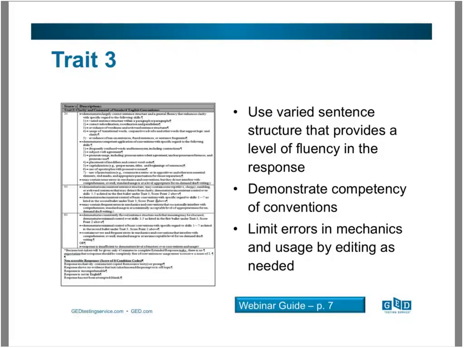We tend to think that the grammar piece here, as we tend to call it, should be a piece of cake. That is so true, and yet it has not been. Part of that is oftentimes we see students who at this level are not using varied sentence structure. Their writing is not very fluid, and although they may have some competency in basic grammar skills, conventions of standard English, and they may have limited errors, we keep hearing over and over, but I thought my students were doing better than that.